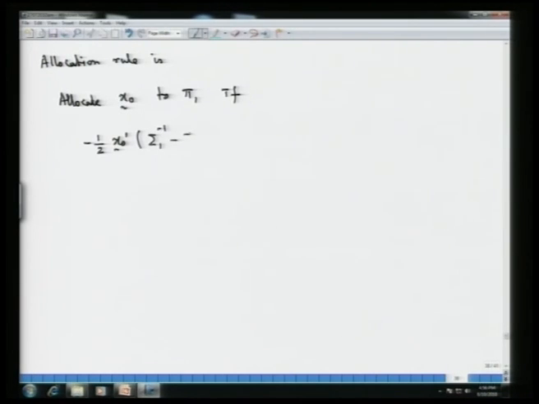we can say that the assignment rule is the following: allocation rule. Suppose x naught is a new observation. The allocation rule is to allocate x naught to pi 1 if the corresponding quantity is minus half x naught prime sigma 1 inverse minus sigma 2 inverse times x naught.